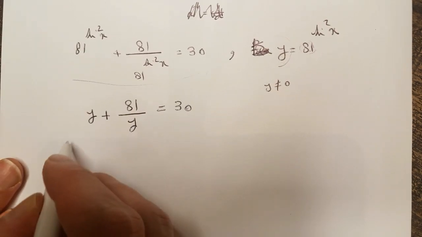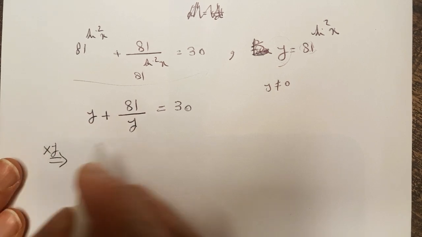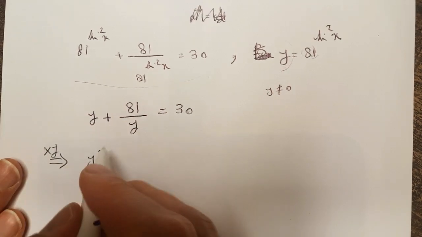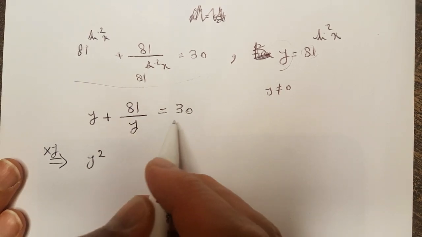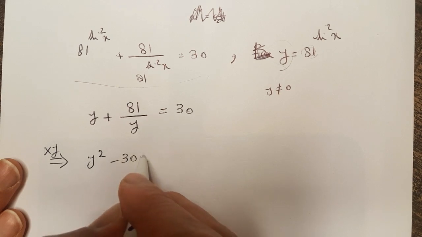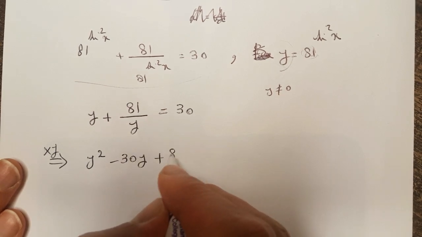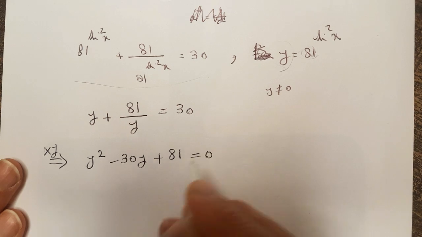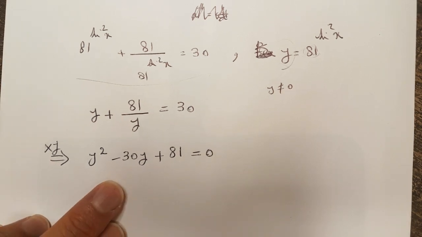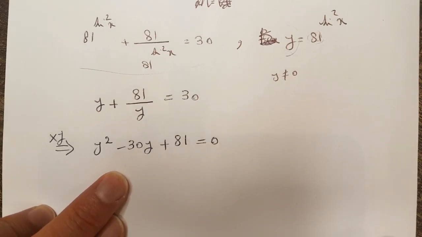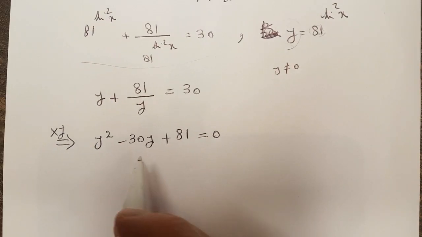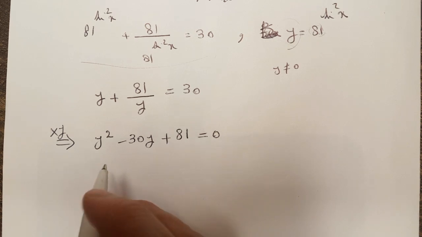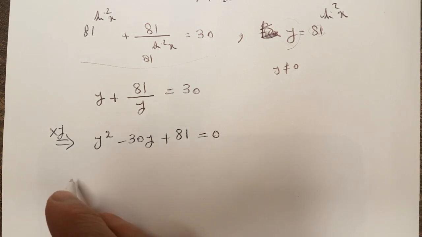So if we multiply both sides by y, we will have y squared plus 30y, and we take it to the other side, minus 30y plus 81 equals to 0. So we ended up with a quadratic equation, and let's see if we can find the roots of this equation. So one way is to basically factorize this equation.